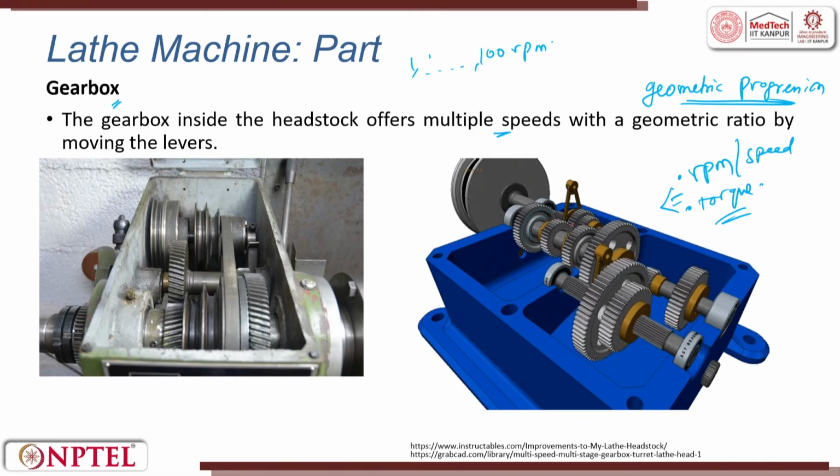No, not possible. You will get maybe 1, then 5, then 23, then 64, something like that. So, what is this? This is geometric progression. These numbers do not match, but I am just showing you that these jumps are there. This means there is a geometric progression, and it comes from the combination of gears placed in the gearbox.